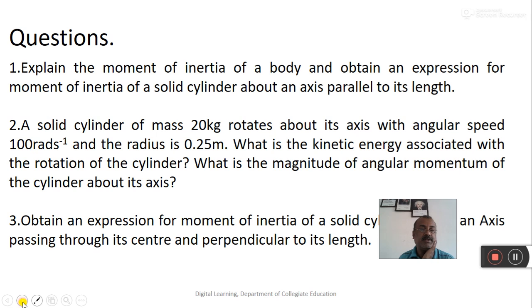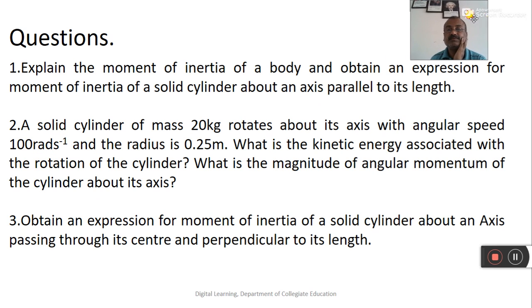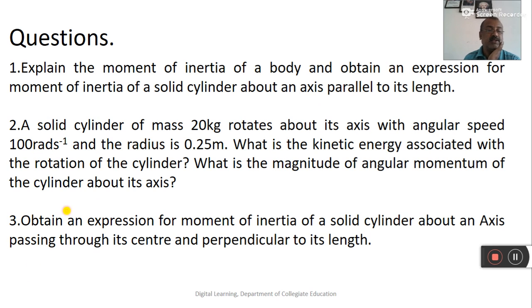Next, the questions are like this. Explain the moment of inertia of a body and obtain the expression for moment of inertia of a solid cylinder about an axis parallel to its length. This may be the expected problem. This is one more question.